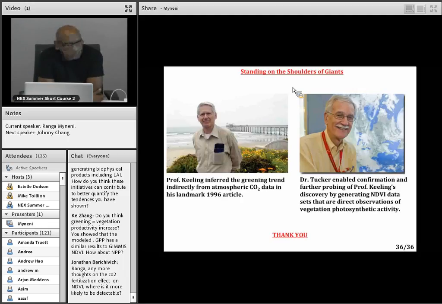Kay Zhang has a follow-up to that, asking, do you think greening equals vegetation productivity increase? You showed the modeled GPP has a similar result to GIMMS NDVI. How about NPP? Yeah, that's a good question. So we should not, as Dr. Tucker has pointed out, interpret it that way. The NDVI is based on satellite measurements of reflected radiation.